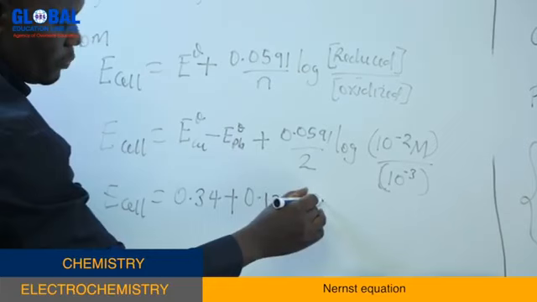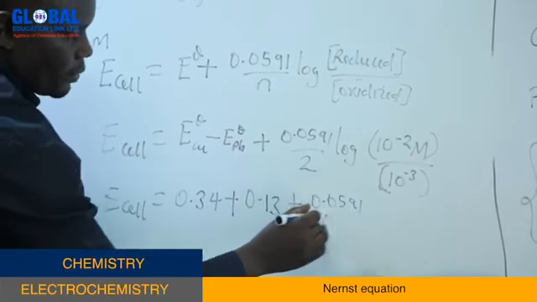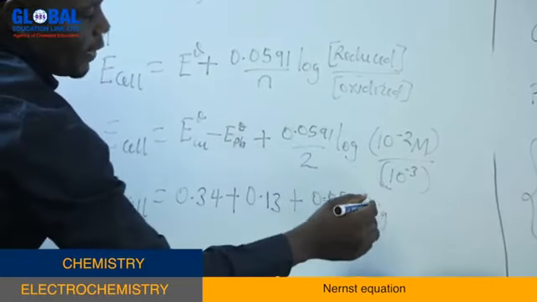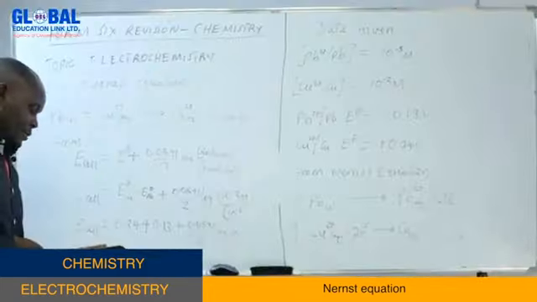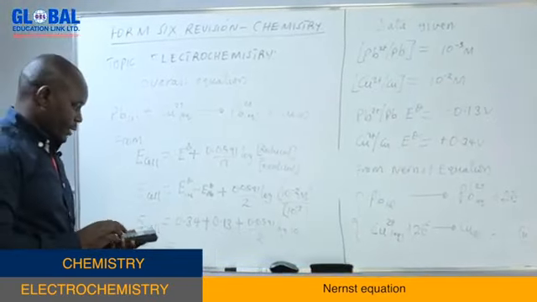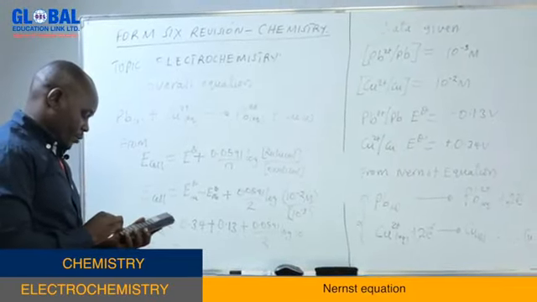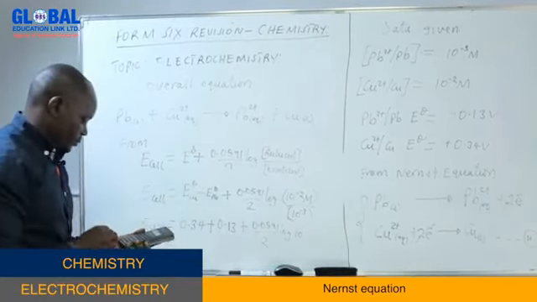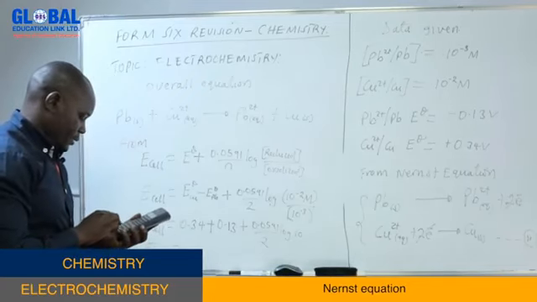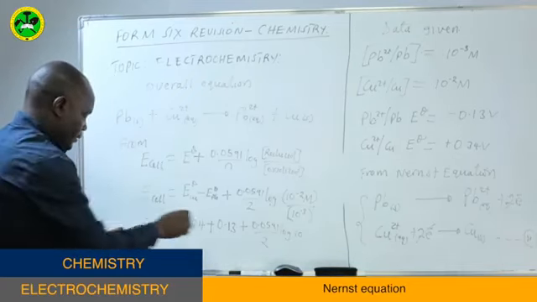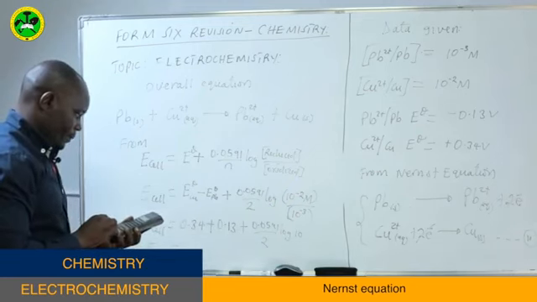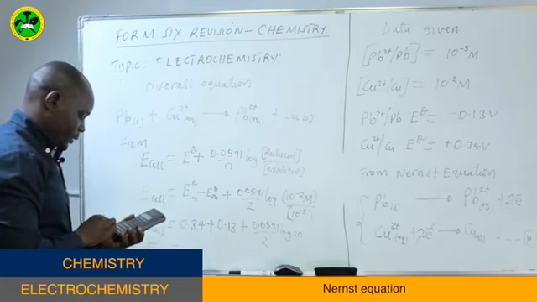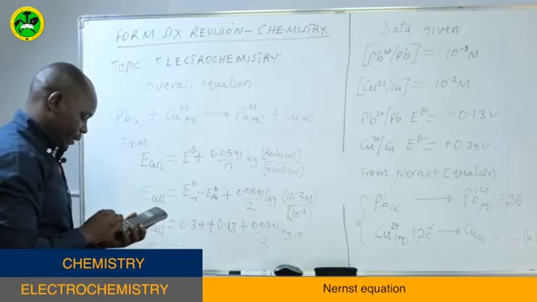And now the E of a cell will be equal to, using our calculator, log of 10 is equal to 1, so it will be 0.34 plus 0.13, then plus 0.0591 divided by 2.